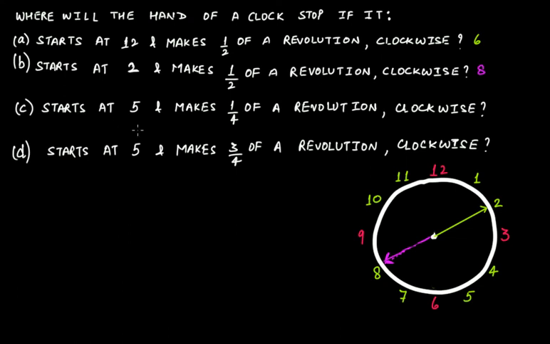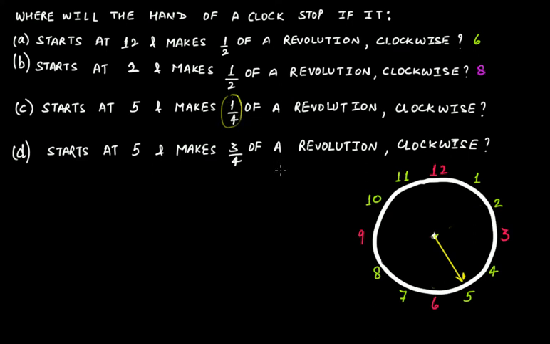Next one, it starts at 5. So your hour hand is here at 5 and makes 1/4 of a revolution. Now 1/4 of a revolution means what?